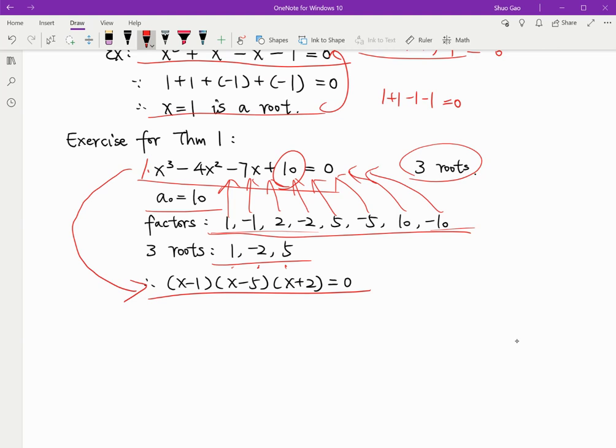If you expand this equation, get rid of these parentheses, you can find that these two are equal. And we write this equation in the root form: root 1 is 1, root 2 is 5, root 3 is minus 2. So this is called factorization.